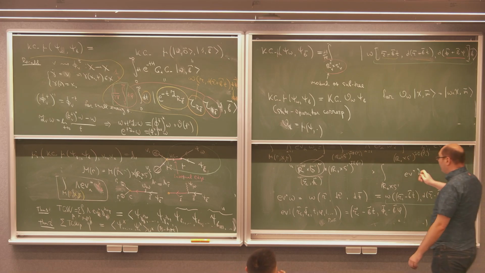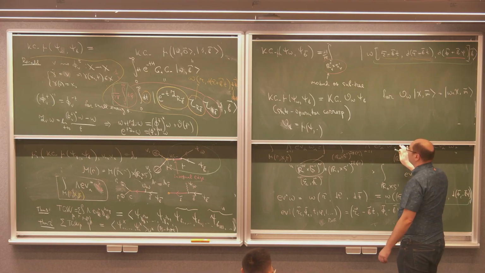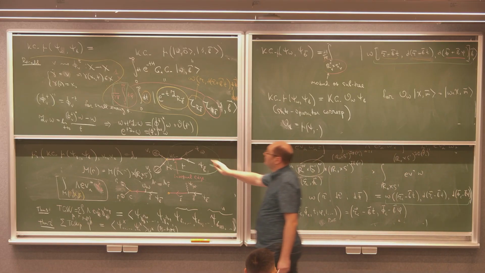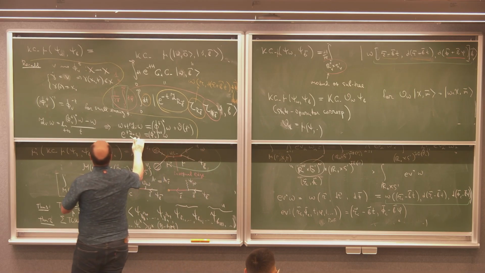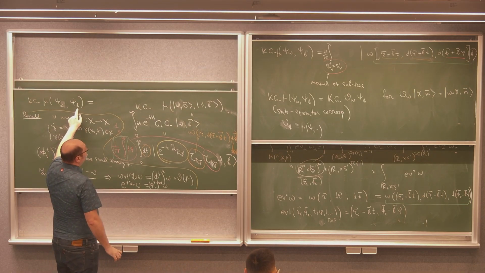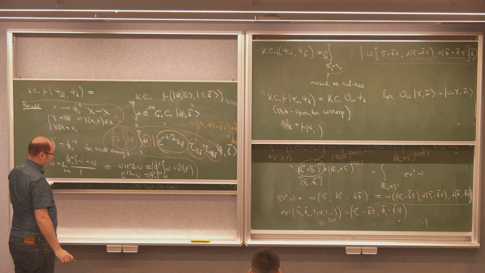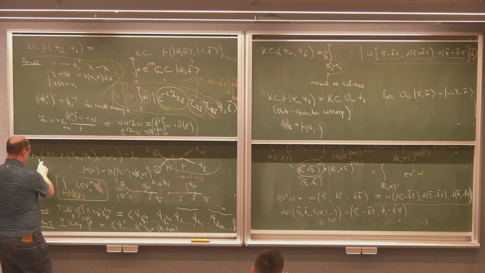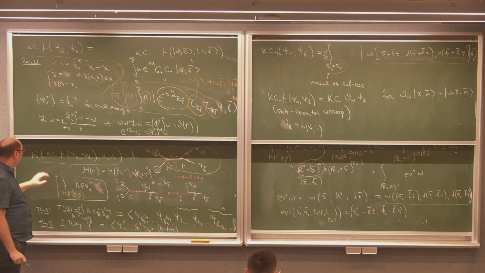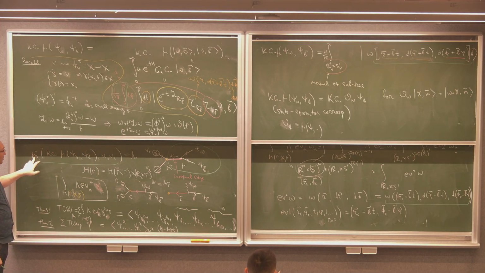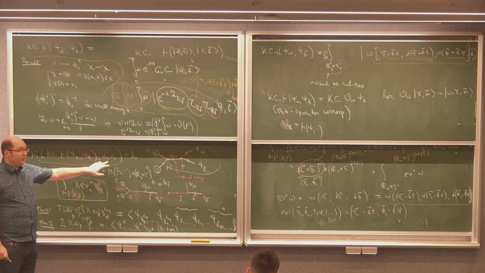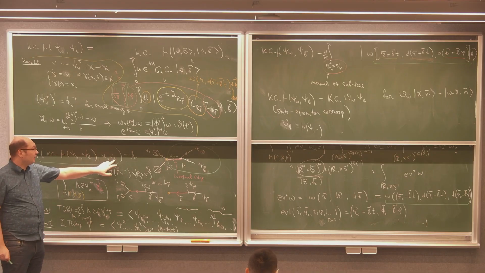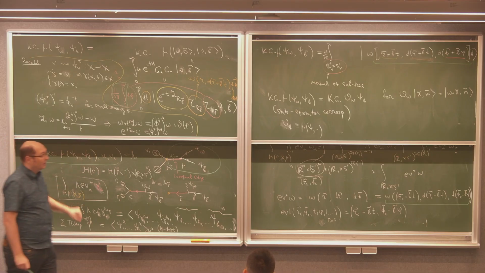And now we can additionally recall that what we evaluated here was only part of the amplitude. The full amplitude, as written here, was a μ_3^0 pairing of these three states: state V1, state V2, and this state.